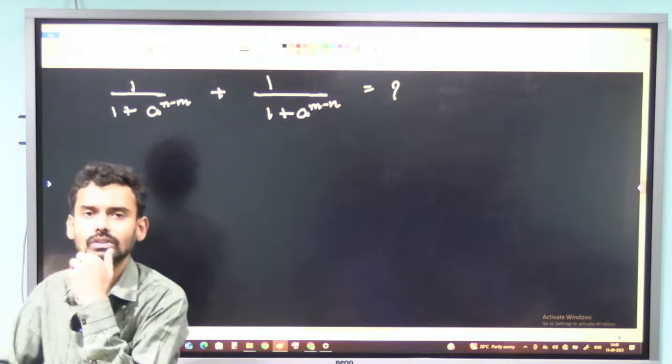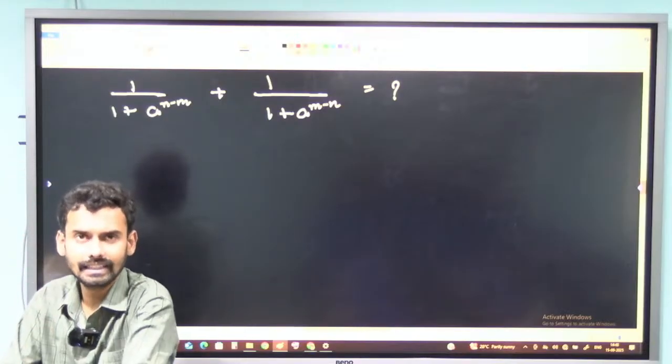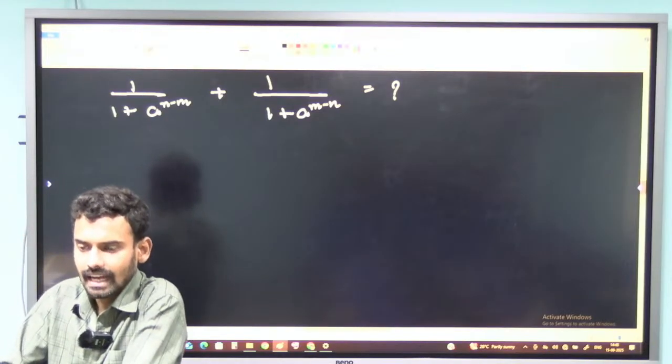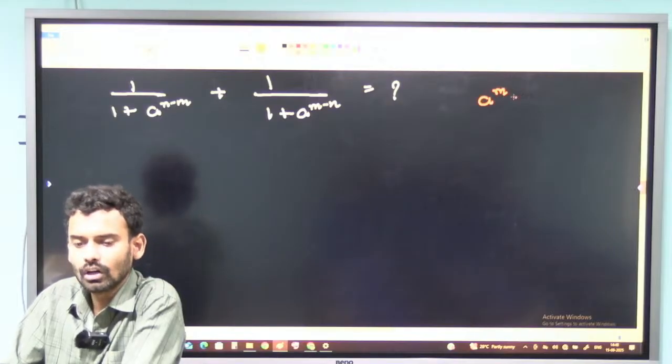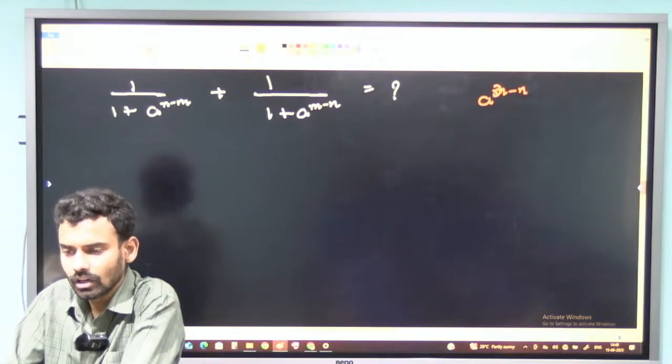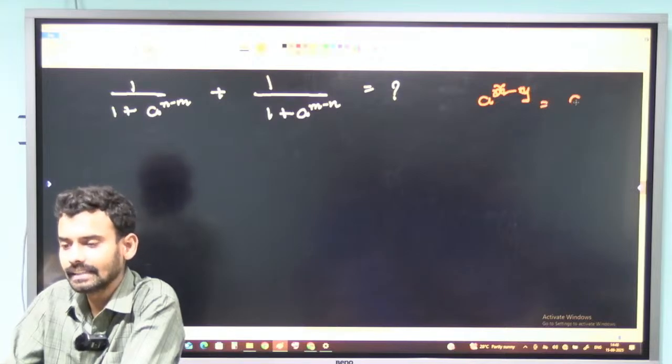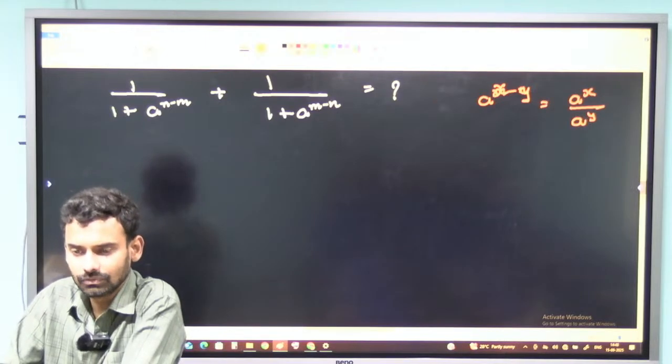The question looks a bit difficult, but it is very easy. For example, a to the power of x minus y can be written as a to the power of x divided by a to the power of y. I will apply this formula here.